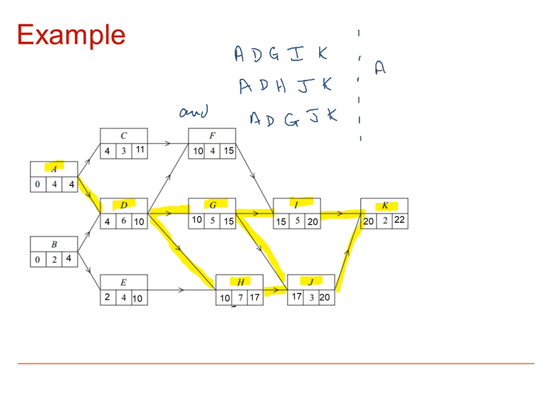You could do it as A, D, G, I, K, and then just show that it also branches from D to H to J to K, and from A, D, G, J to K. So it looks a little bit untidy like that, so I think the best way is to list all of the paths separately.